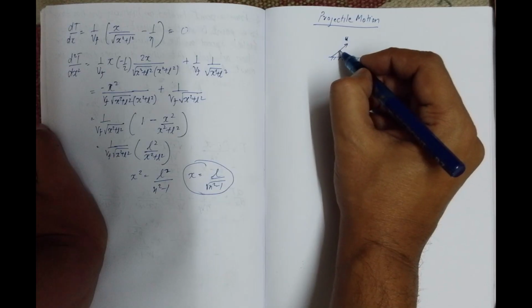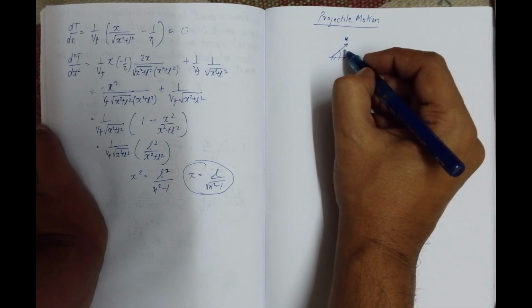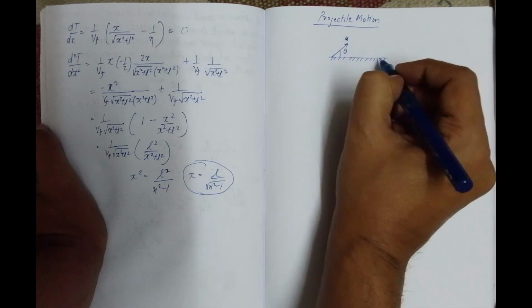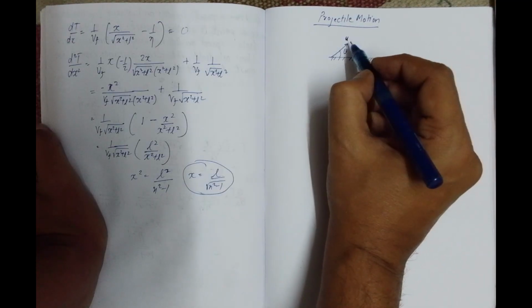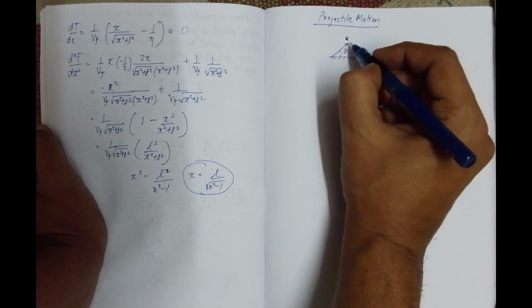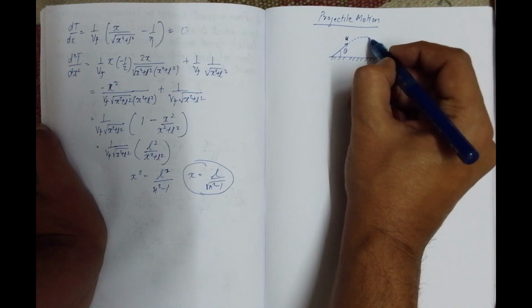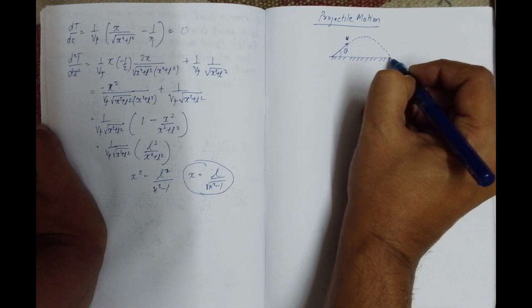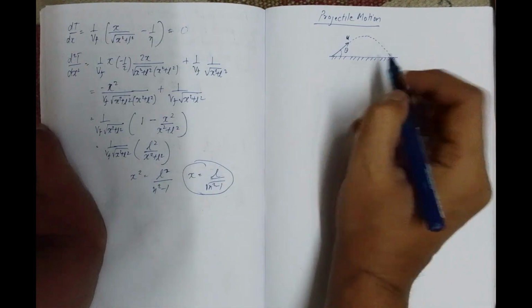This velocity is u and the ball is thrown at an angle theta with respect to the horizon. What will be the trajectory of the ball? It will go like this and then it will strike the ground at some distance.